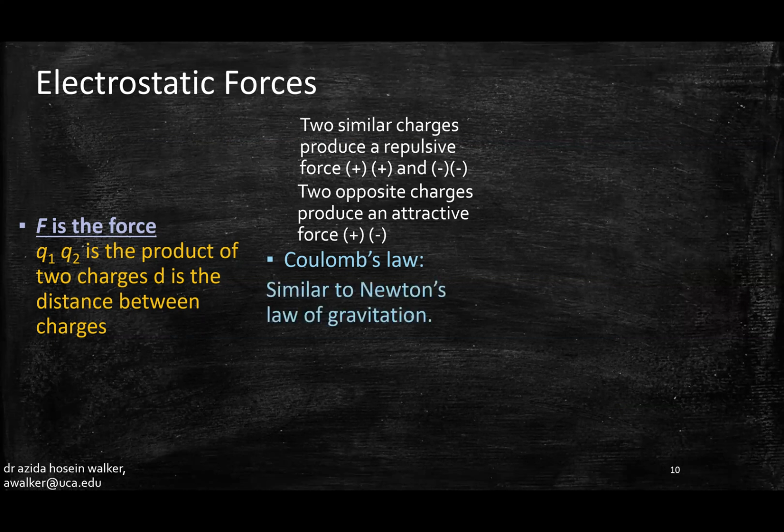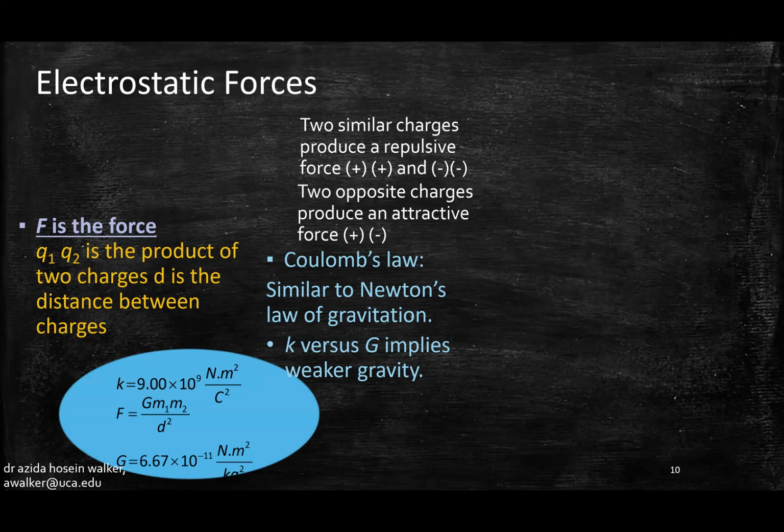So Coulomb's law is the law that describes this electrostatic force, and it's very similar to Newton's law of gravitation that we discussed earlier. But in Coulomb's law, we have a K constant versus a G gravitational constant. The equation for the force due to gravity is G m1 m2 over d squared, where G is 6.67 times 10 to the negative 11.